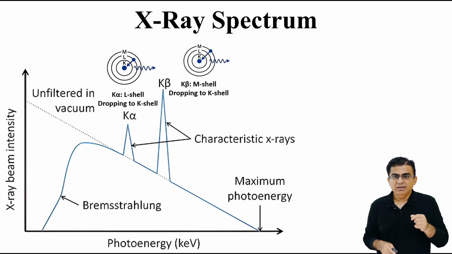I want you to firmly remember that these exact positions on the graph are completely dictated by the atomic structure of your target material. For our standard tungsten target, the most important spikes will always appear between 57 and 59 keV for the K alpha photons.